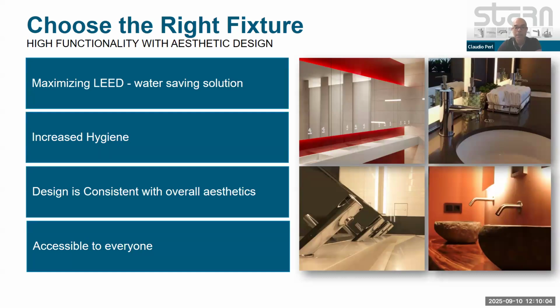The idea here is to have fixtures that are consistent with the overall aesthetics of the bathroom. Sometimes interior designers and architects invest a lot of time in designing beautiful bathrooms, and then you find very bulky and less stylish fixtures. In this case, choosing this technology allows you to keep that in mind.